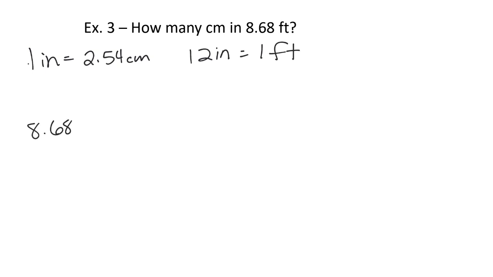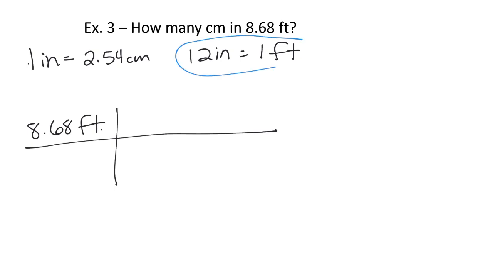So let's see. Let me write down my conversion factor. So I know that 1 inch is 2.54 centimeters. And I also know there's 12 inches in 1 foot. Okay. So we're going to start out with 8.68 feet. Now I'm going to choose the ones with foot in it, which is this one.